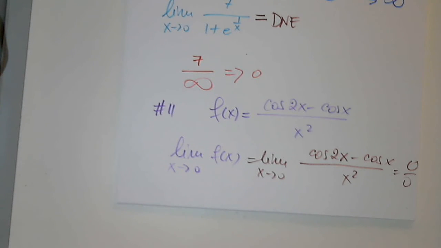So let's put the function in y equals. Make sure that the mode is in radian mode. Make sure you put parentheses around the numerator. So cosine 2x. Please put parentheses around 2x unless your calculator is way more sophisticated. And then divide by x squared.